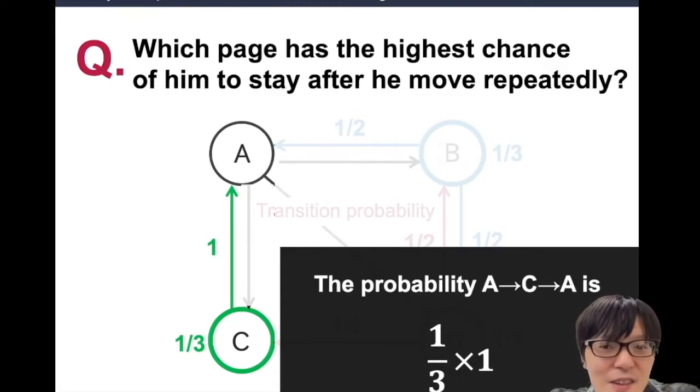That's why if the user moves from page A to C in the first transition and from page C to A in the second transition, the probability of staying on page A after the second transition is 1/3 times 1.